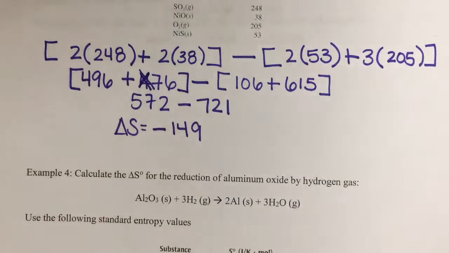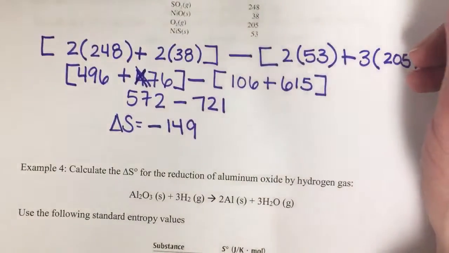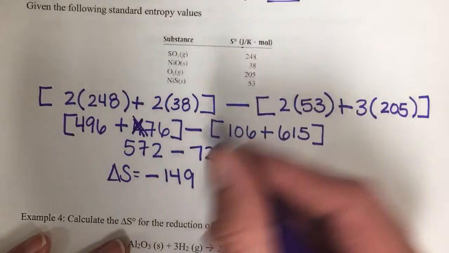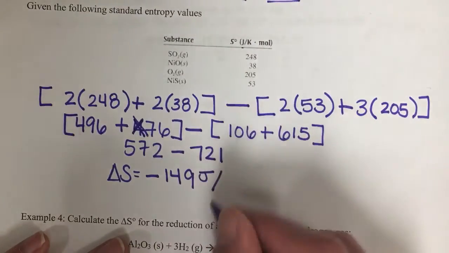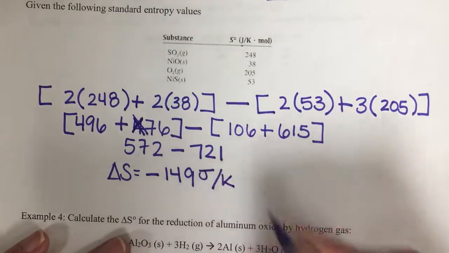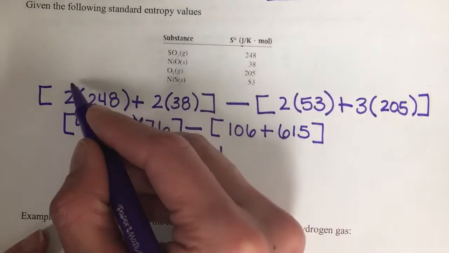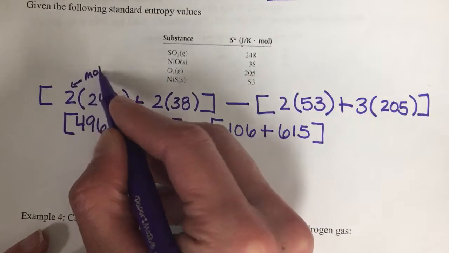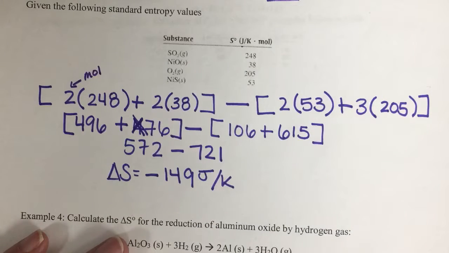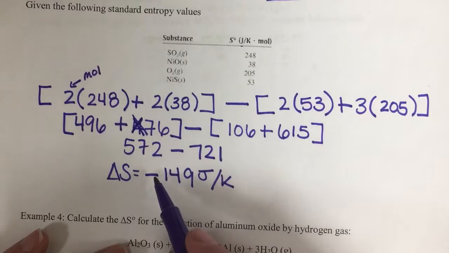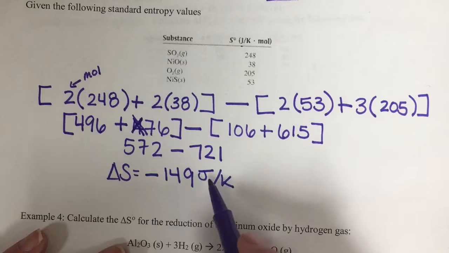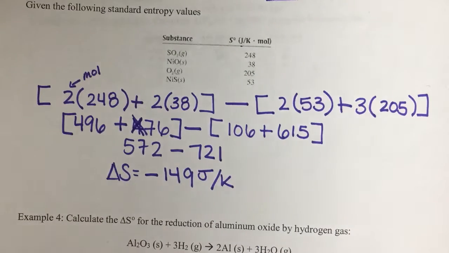Now my delta S has to have units. All of my units are in joules over K. Now this is times mole, but that's what all of these are. These were my moles, so that goes away. So I'm going to have negative 149 joules per K. Okay?